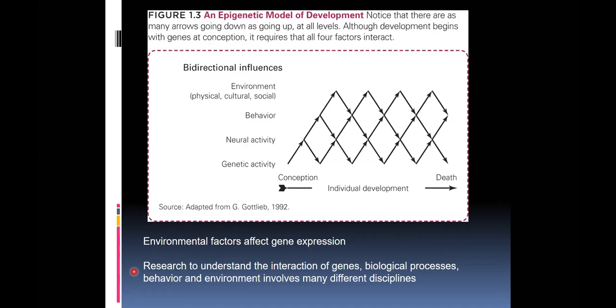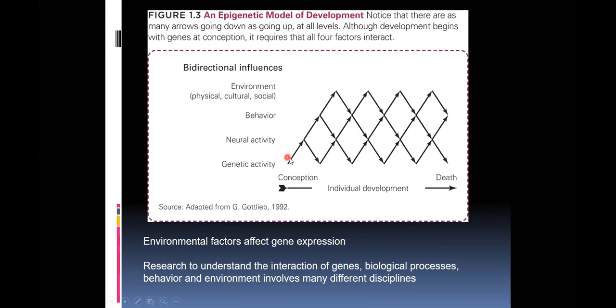Okay, now we go to just a quick look at epigenetics. So epigenetics, what this really notes is that environmental factors can affect gene expression. So what we encounter in our experiences can affect how our genes actually act and how they behave.